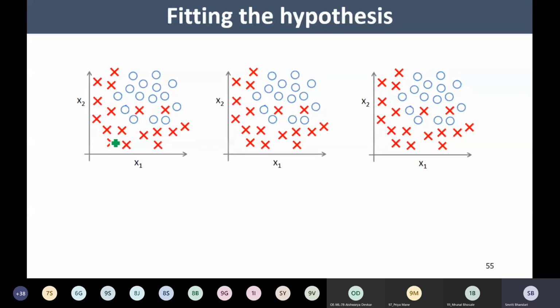So we have here the samples that belong to two different classes, right? And these samples are described with two features, x1 and x2. Am I clear?